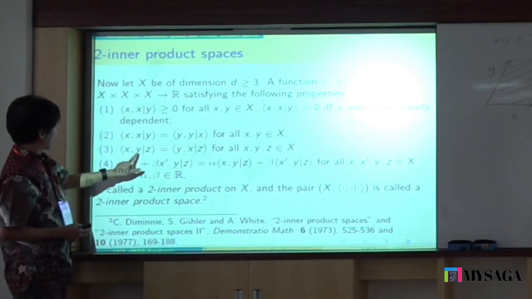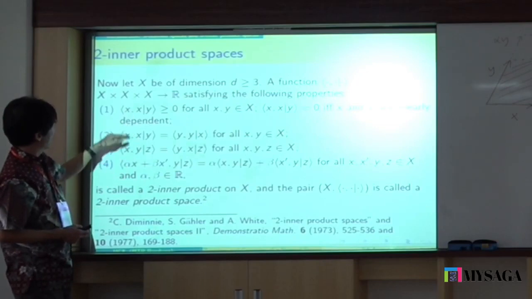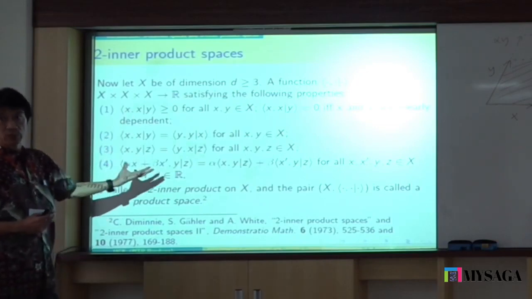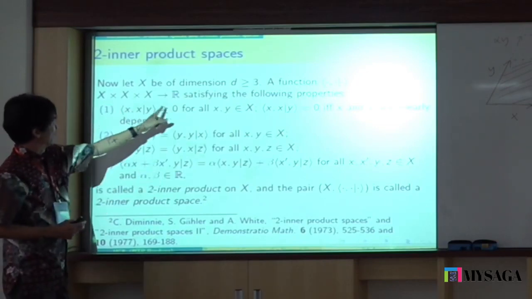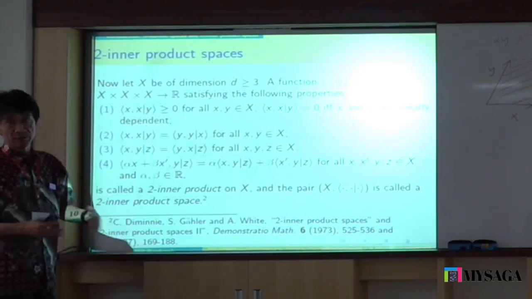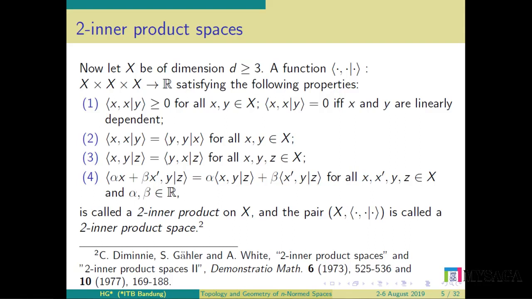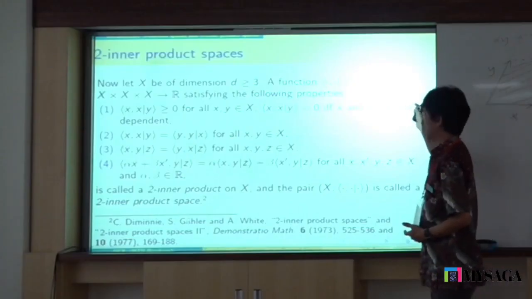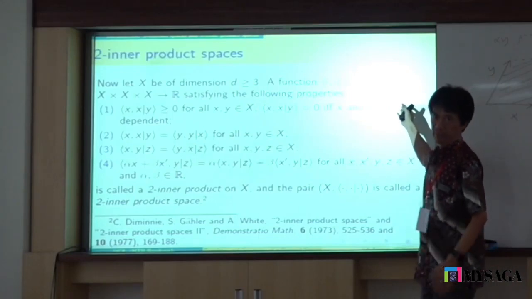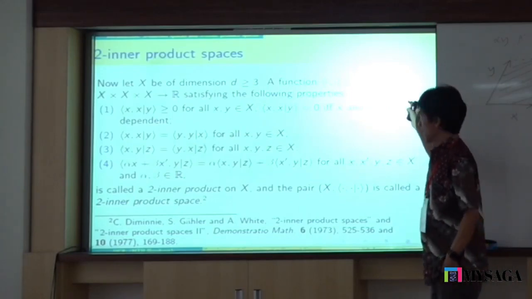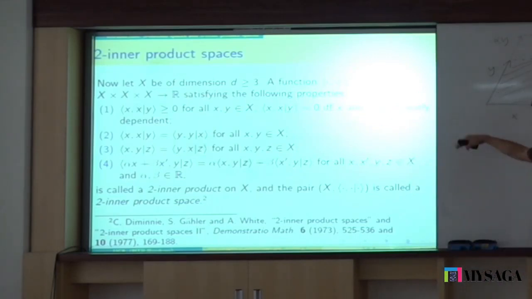Here x and y are different, but in the first two, it's like x is equal to y, so we have this, and the value of this is non-negative, so it's like a two-norm, and it is 0 if and only if x and y are linearly dependent. So this is like the first property of the two-norm. Of course, now it's a bit artificial, but I will explain this soon.